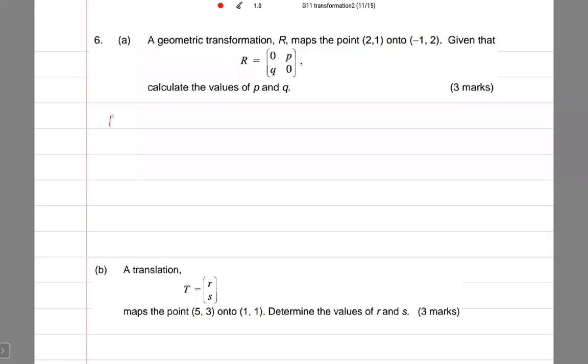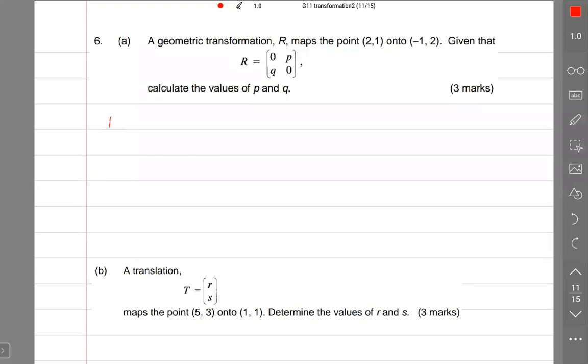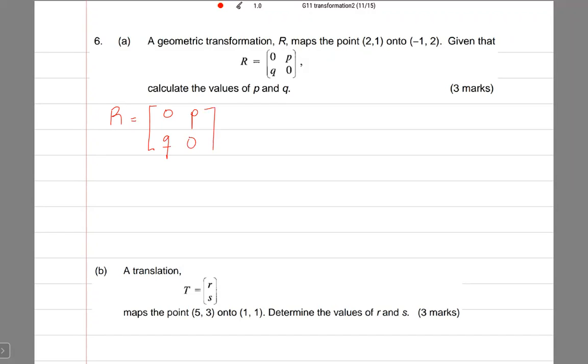So R, the transformation R, which is 0, P, Q, 0, when it's applied to the point 2, 1, it becomes the point minus 1, 2.